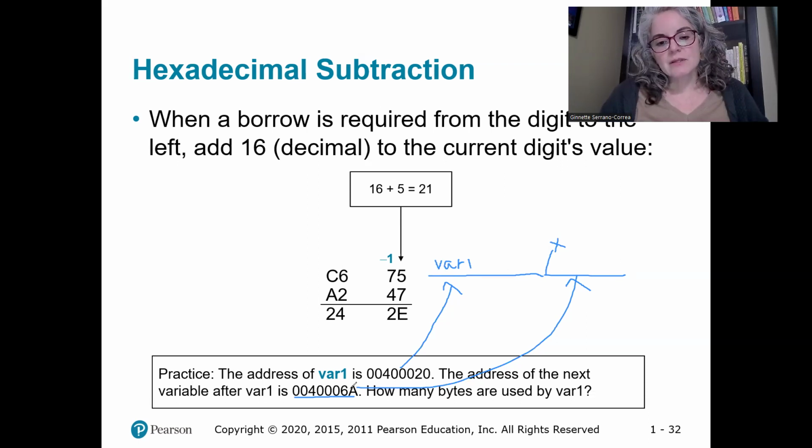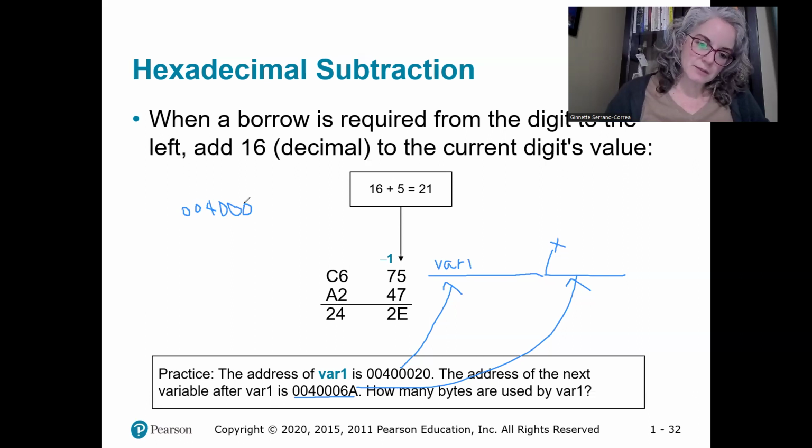So we start with this number, which is the bigger number. We put it at the top. So 0, 0, 4, 0, 0. And you can do this on your own and then see if you get the answer that I get, okay?